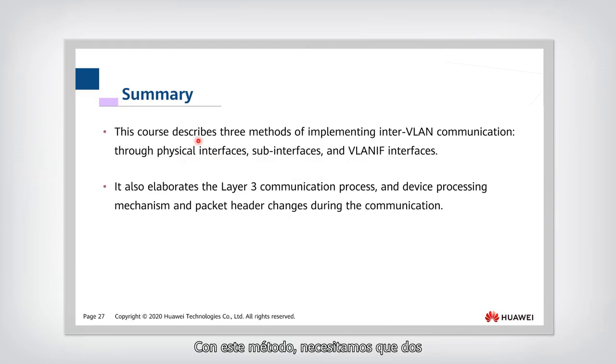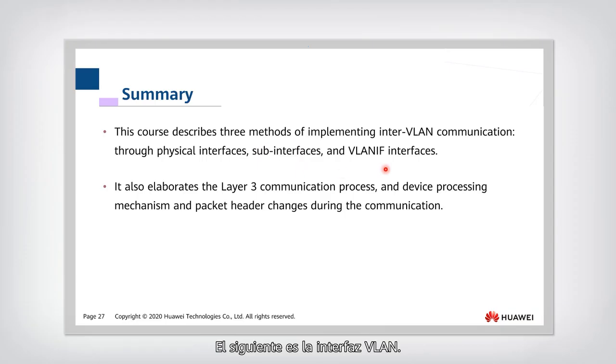By using this method, we need 2 physical interfaces in the router to connect with 2 separate interfaces in the switch. Another one is that we can communicate through sub-interfaces. By using this method, we only need one physical interface, but logically, we separate this physical interface into 2 sub-interfaces.